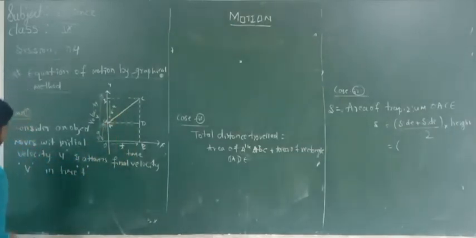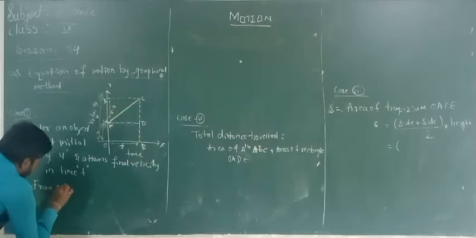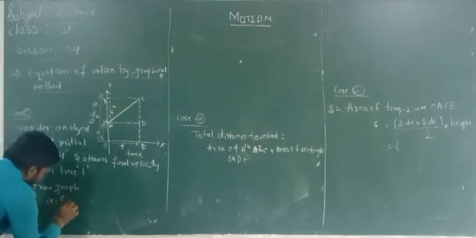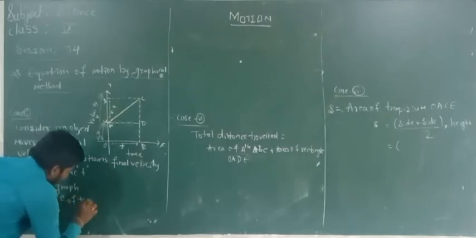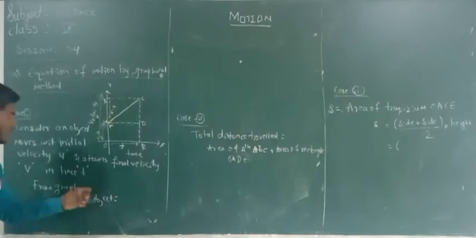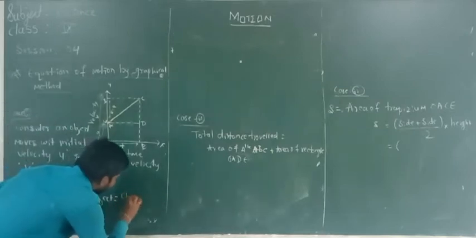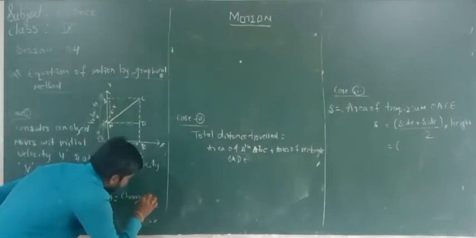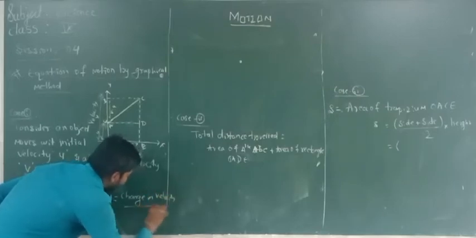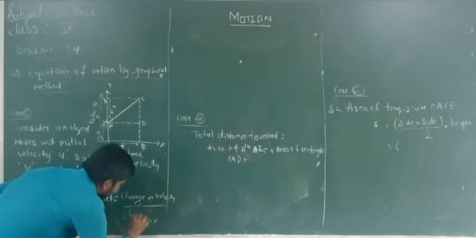From the graph, the acceleration of the object is equal to change in velocity divided by change in time.